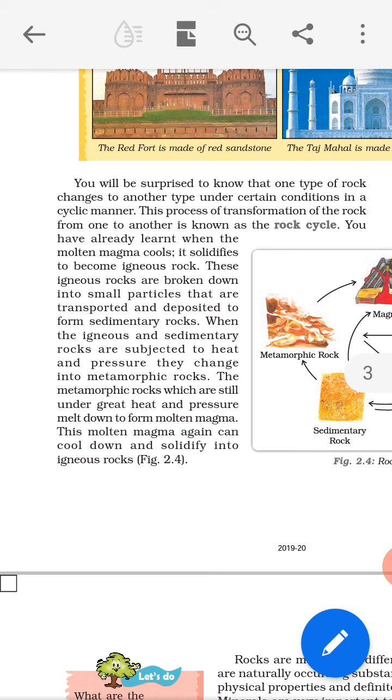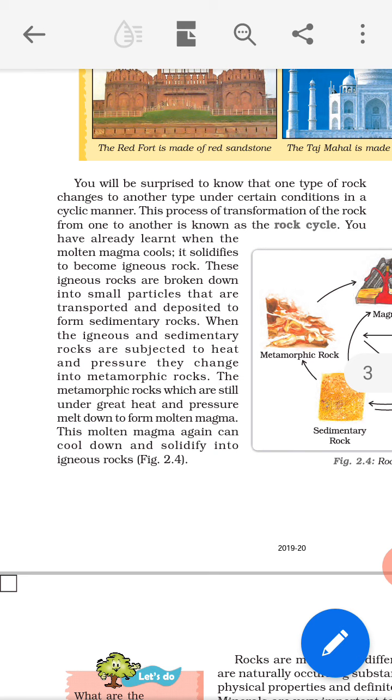So one type of rock is changed and turns into another type of rock under certain conditions. How? In a cyclic manner. Cyclic manner means we can say by rotation.